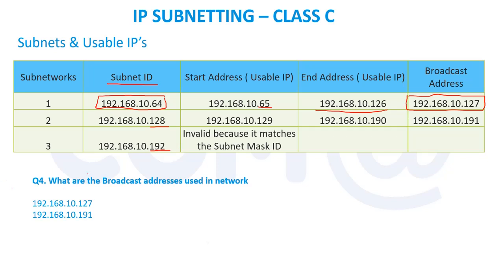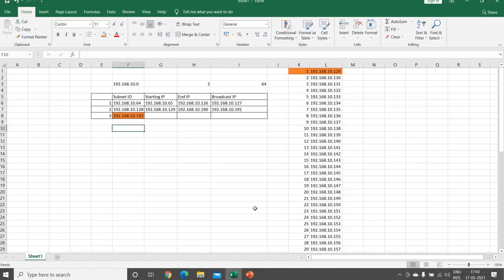People will ask questions like what is the broadcast address of the second subnet, or what is the second or third IP in the second subnet. If they ask what the third IP in the second subnet is, the first usable IP is 129, the second usable IP is 130, and the third is 131.